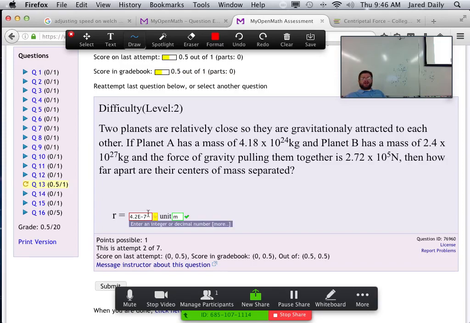So if planet A has this mass, planet B has this mass, gravity pulls them together. So how far apart are they? So I have to take the inverse, so I take the force, what's the force? 2.72 E. I don't even know how to do that here. Just calculate it.